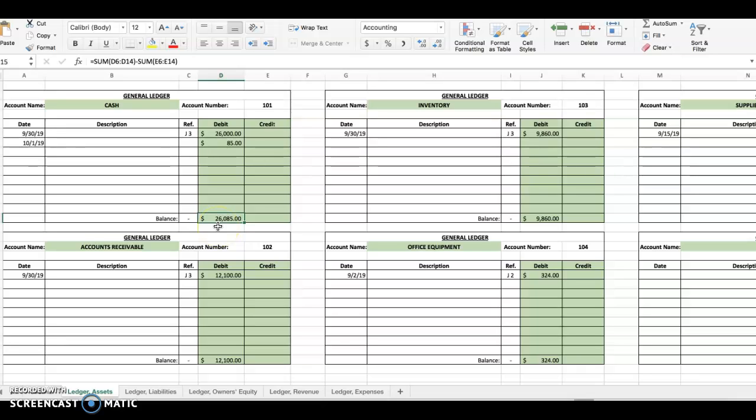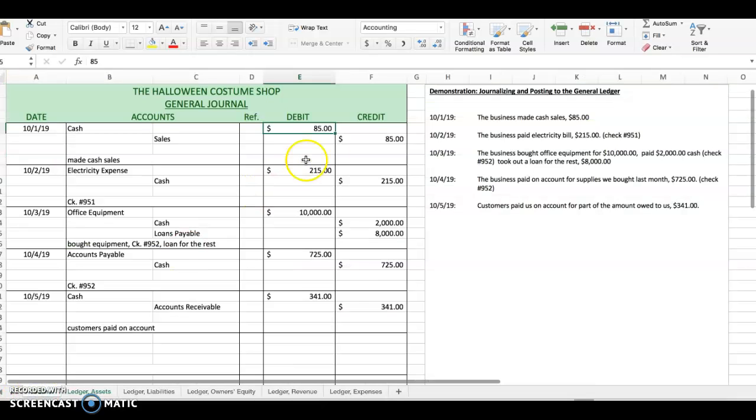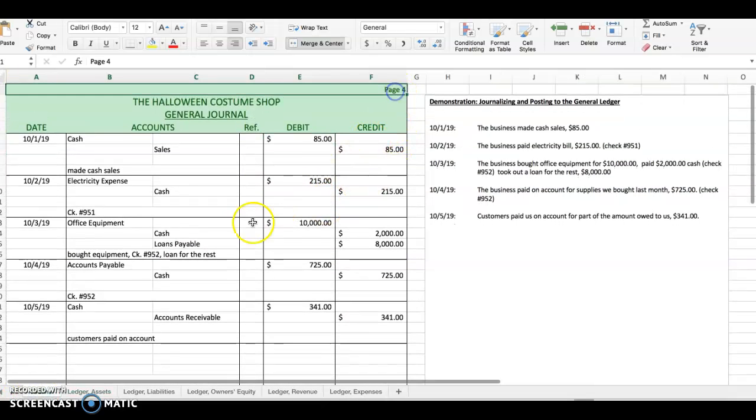A debit would increase an asset. The reference column we're not going to use here. We will use this little reference column to indicate where this transaction came from. It came from J4, which means journal page 4. If we look in the journal at the top, we'll see that it is page 4.